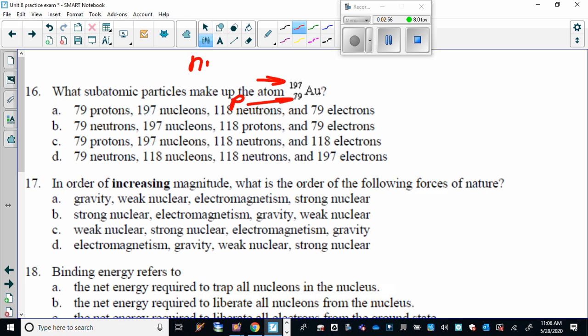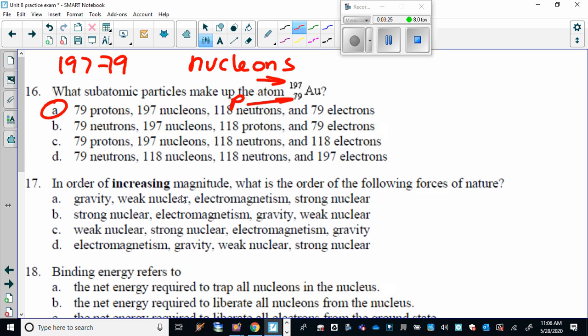That is the number of nucleons, and therefore to get the number of neutrons, you're just going to go 197 minus 79, and you're going to get the answer A. 79 protons, 197 nucleons, 118 neutrons, and assuming it has no charge, 79 electrons.